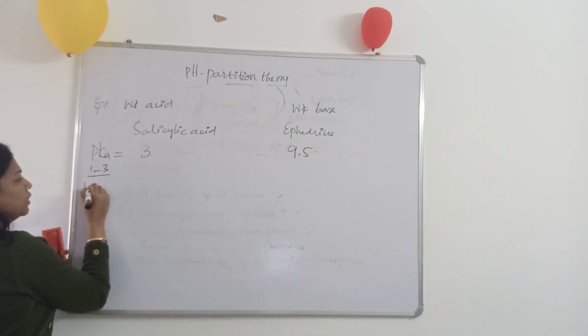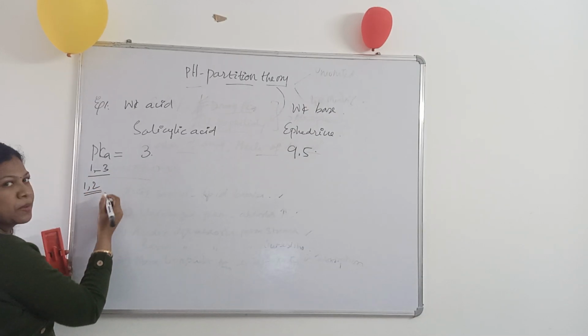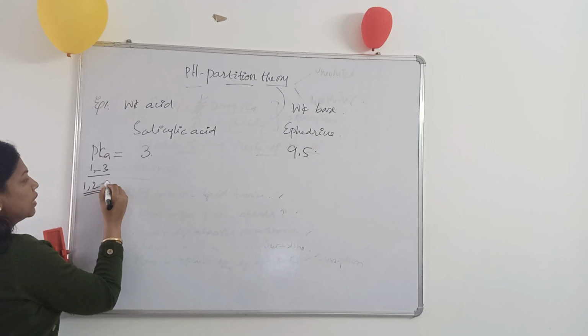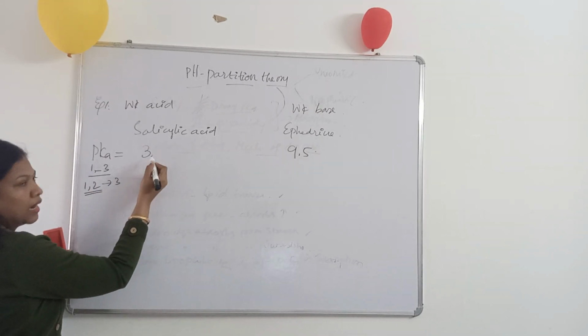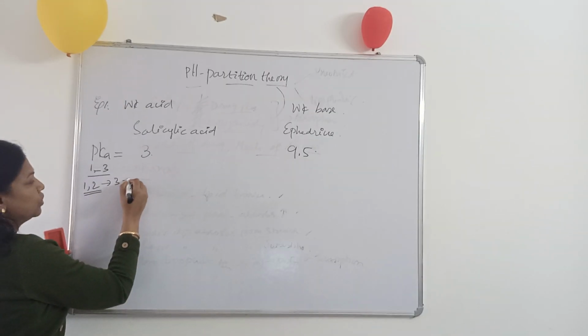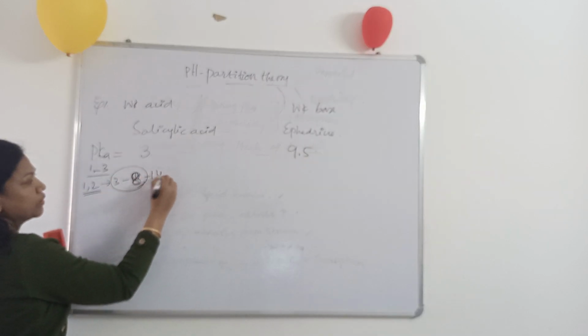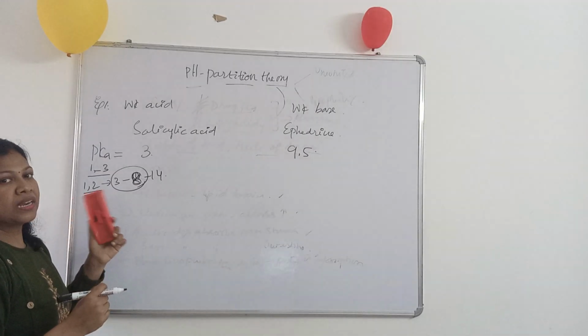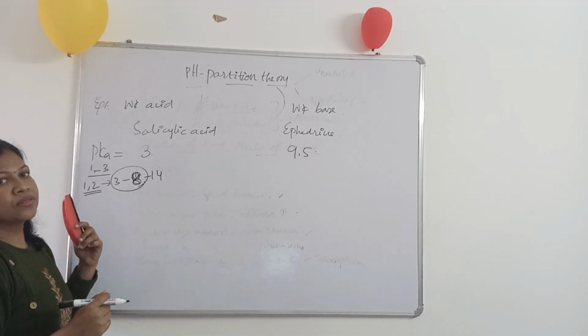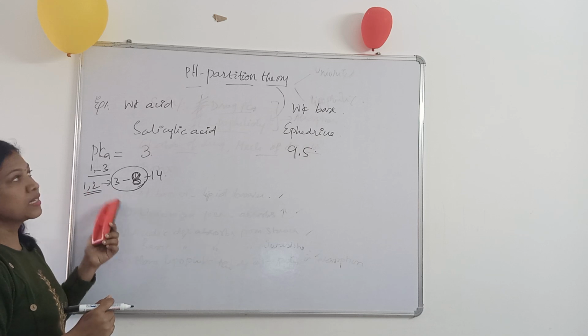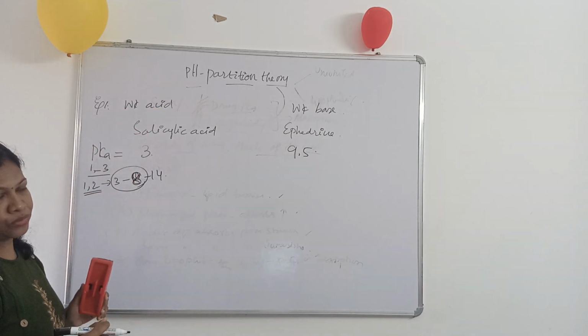That is, pH 1 and 2 should have maximum absorption of salicylic acid, and from 3 as ionization starts, from 3 to 8, which is the physiological pH, or 3 to 14 if you consider the whole pH range, the ionization continues, so the absorption should be lesser according to pH partition theory.